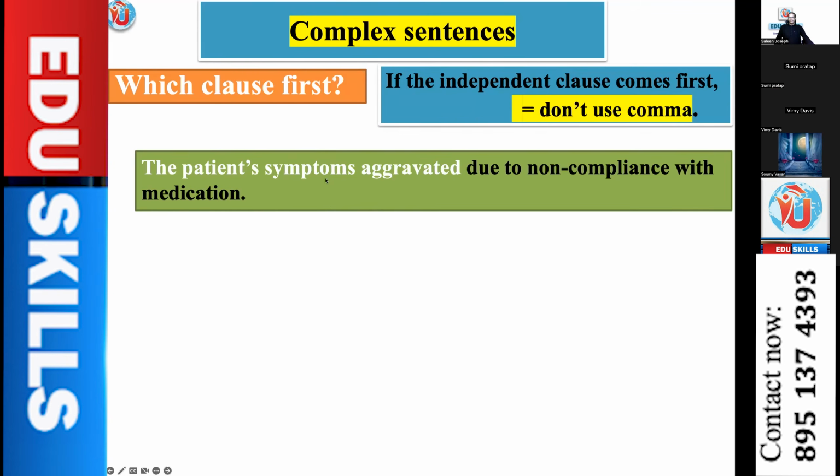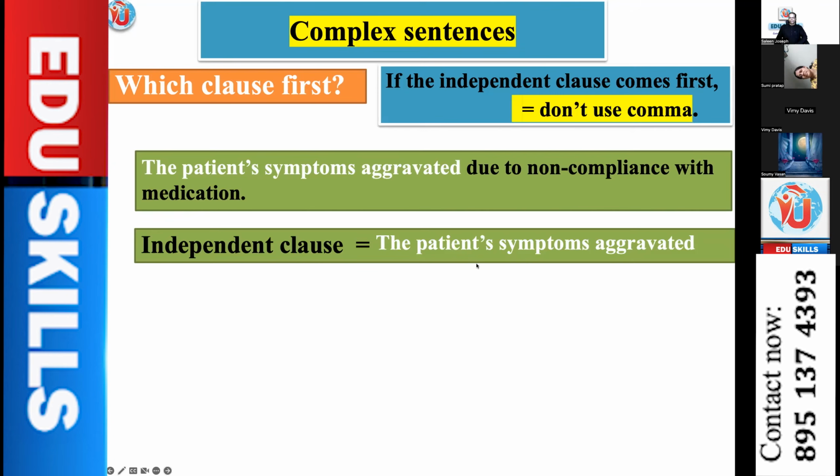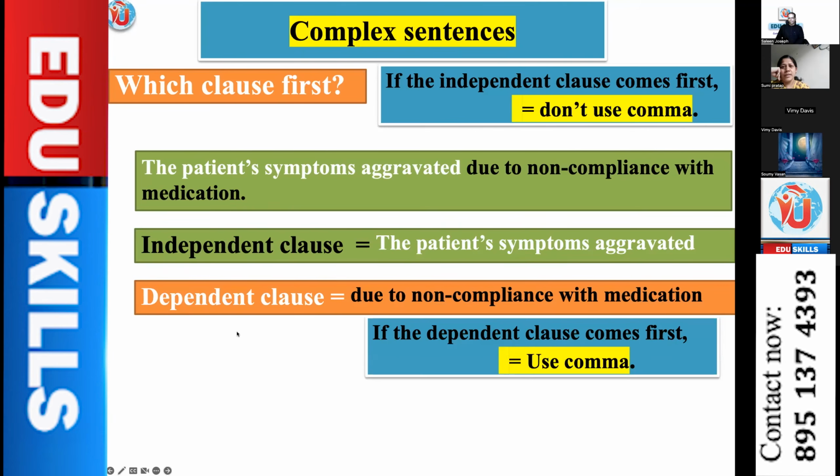And one more example: "The patient's symptoms aggravated due to non-compliance with medication." Independent clause first: "The patient's symptoms aggravated." That itself is a full sentence, so it is an independent clause. That's why we have not put a comma after it. The dependent clause is "due to non-compliance with medication."